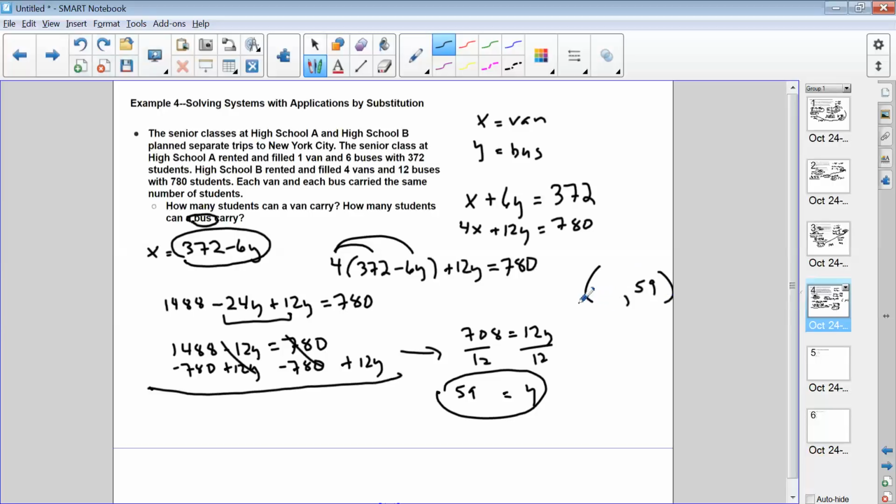And so what I'm going to do is come right back over here and substitute 59 in for y. So that's going to give me 372 minus 6 times 59. And when I do all that computation, I get x to be 18, which means there's 18 students in a van, 59 students in a bus.